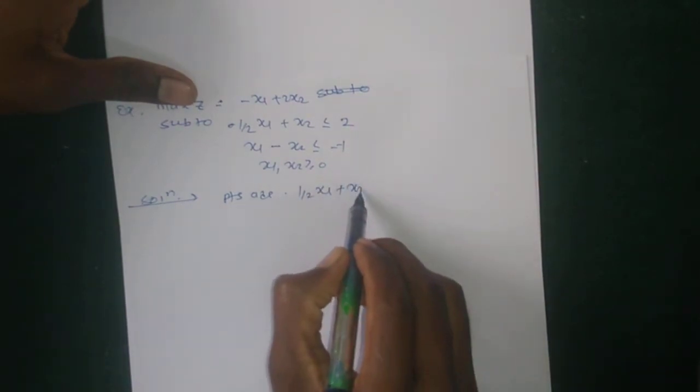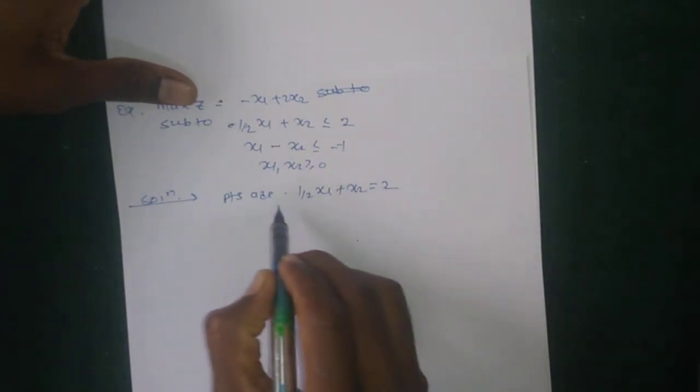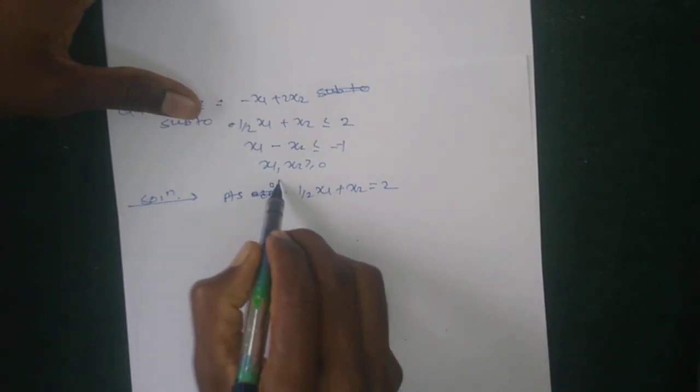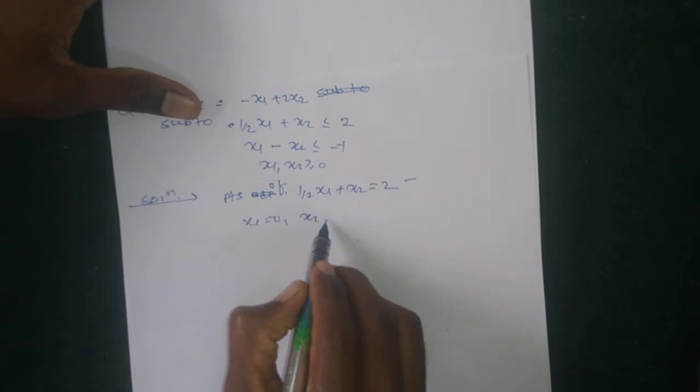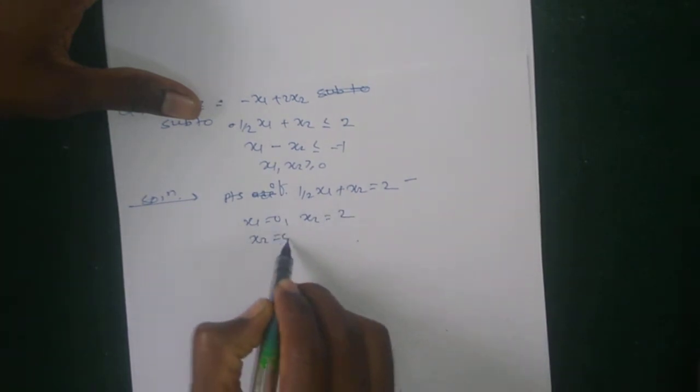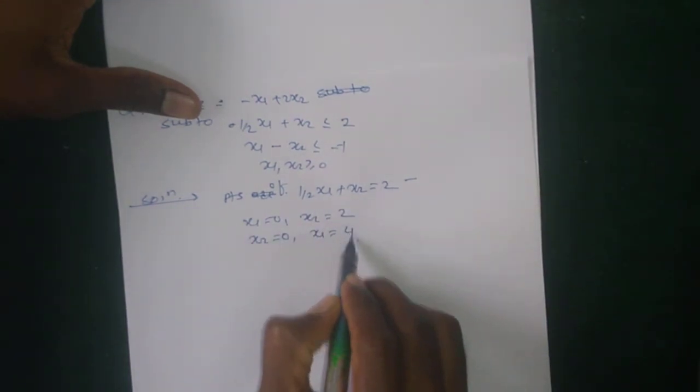1/2 x1 plus x2 is equal to 2. Points of this line: when x1 is equal to 0, then x2 is equal to 2, and when x2 is equal to 0, then x1 is equal to 4.